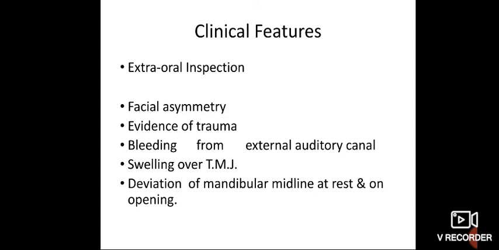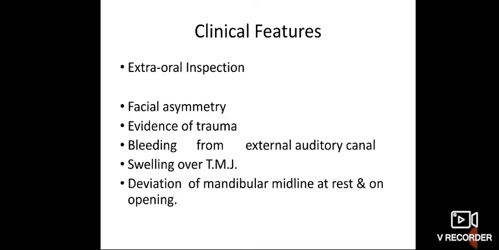Then swelling over the TMJ, obviously whenever there is huge bleeding, hemarthrosis, a fracture which has a significant amount of bleeding, there will be a swelling. But most of the time, due to the presence of the masseter, this is contained, especially in subcondylar fractures and ramus fractures.